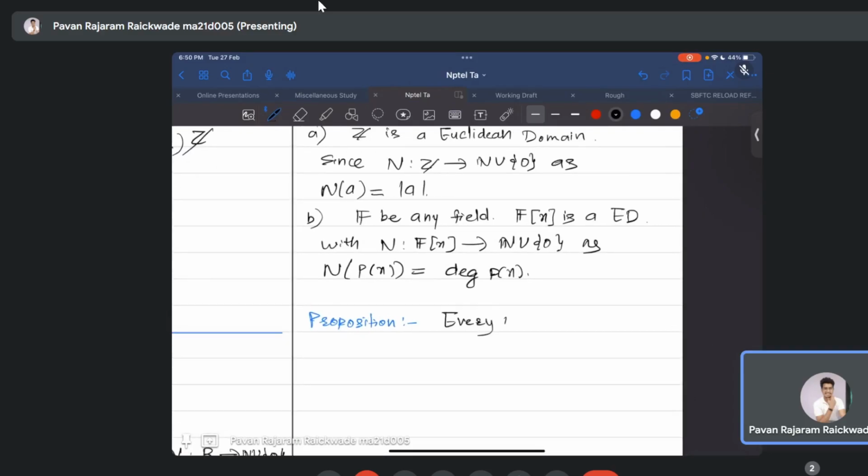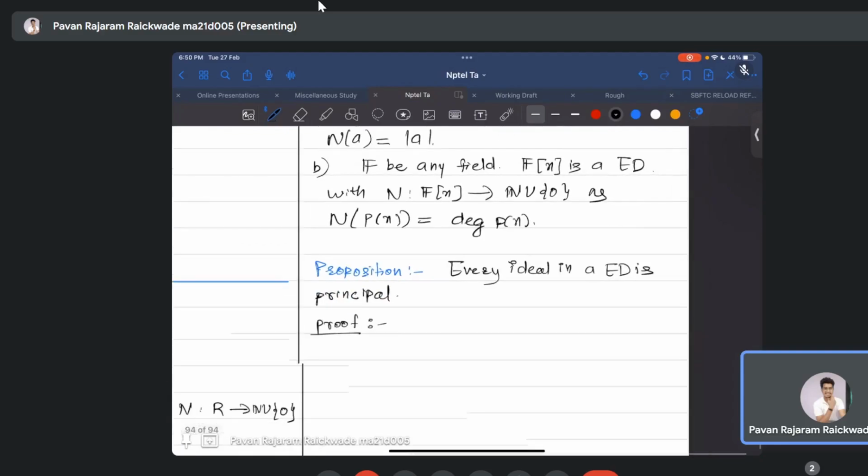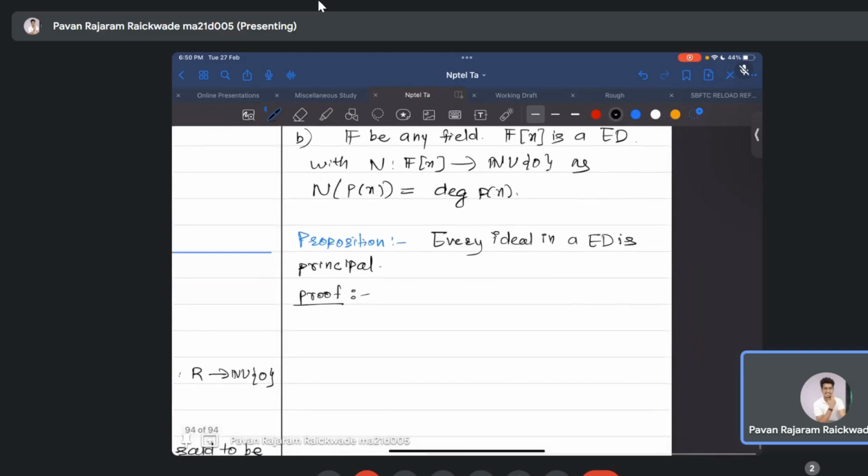Every ideal in a Euclidean domain is principal. Okay, so we'll see the proof. I want to show every ideal is principal. So let I be an ideal of R, where R is a Euclidean domain.